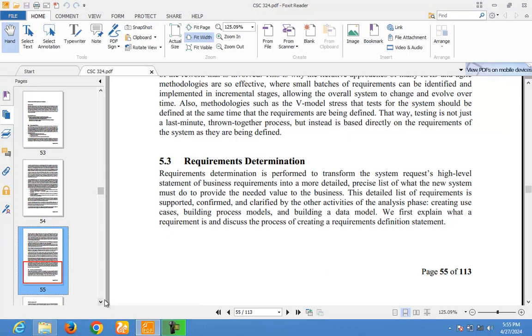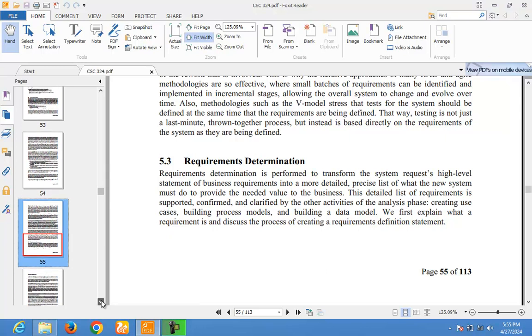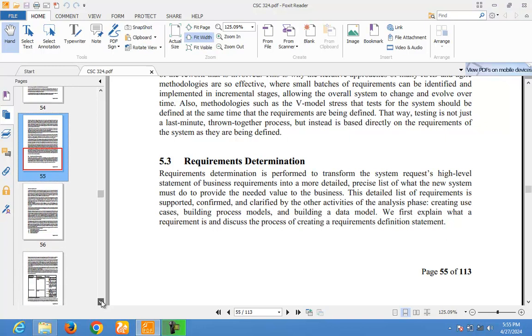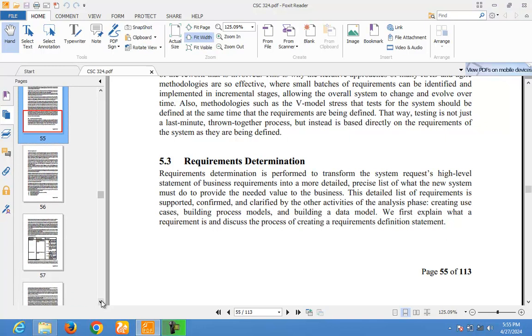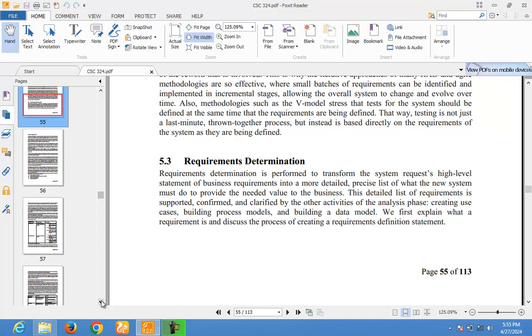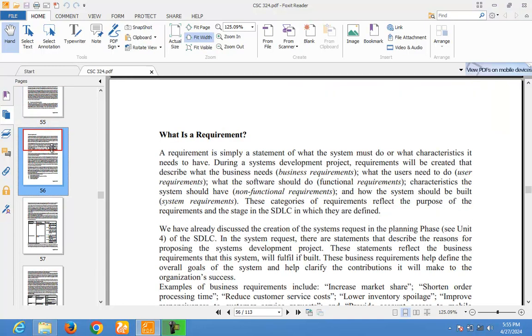Now, requirement determination is performed to transform the system request, a high-level statement of business requirements, into a more detailed, precise list of what the new system must do to provide the needed value to the business. So you need to understand what a requirement is and the process of creating a requirement definition statement. Now, what is a requirement?